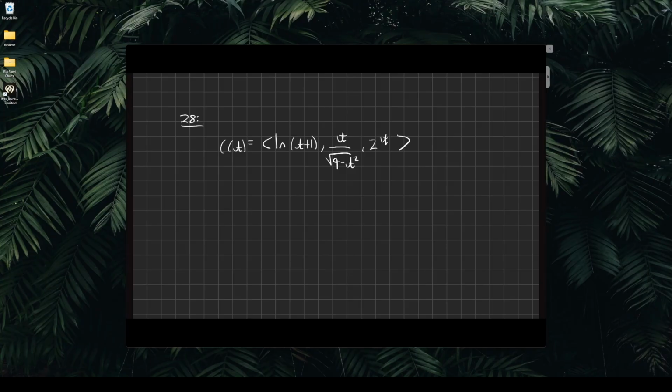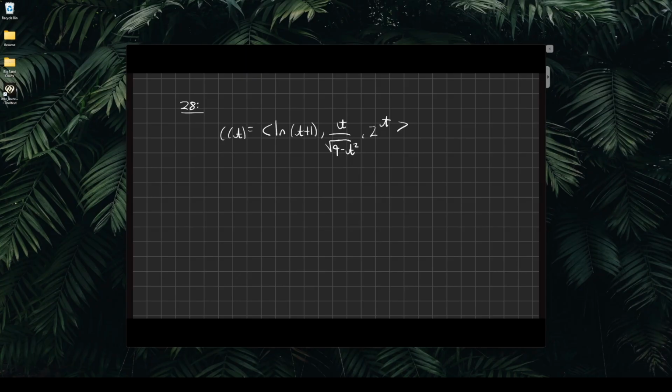So we have a natural logarithm, some rational expression, or not rational, but square root, and then an exponential expression, 2 to the power of t. Okay, so we just want the domain. So for a vector function, the domain is satisfied as long as the domain of all the components exists. So for the natural logarithm, remember that the natural logarithm is undefined at 0.